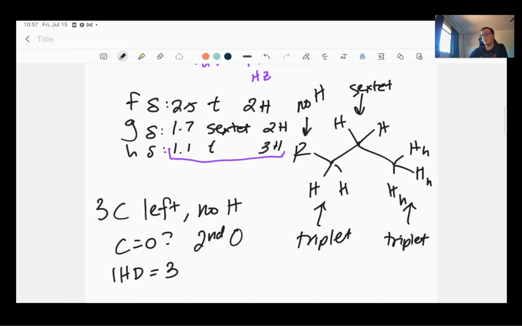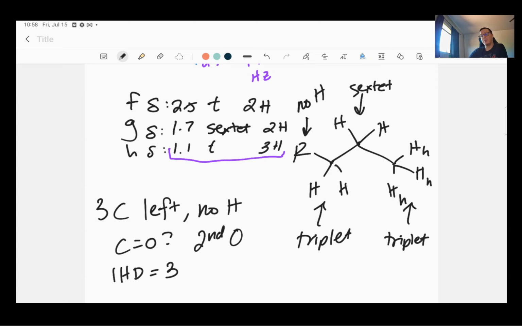So, 190. What does that tell us? And it's also unusually shielded. And if you see unusually shielded, that means it's too low. We would expect this peak to be higher.